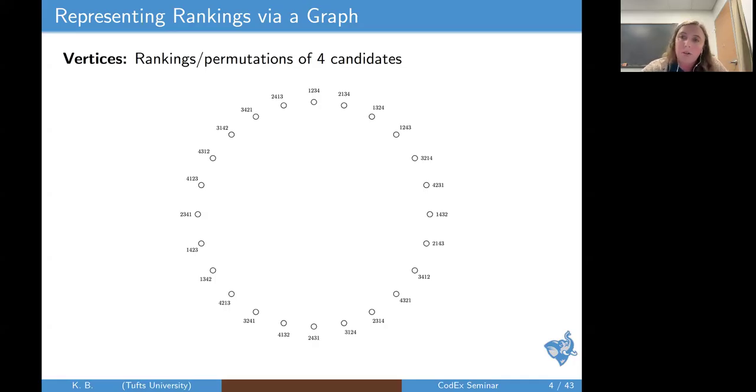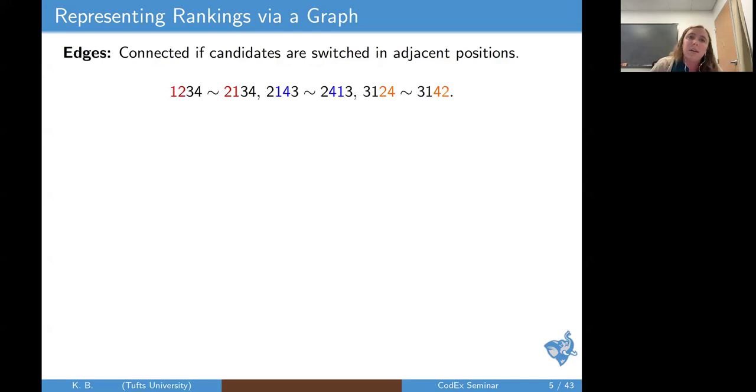And then we want to add edges here that are going to indicate some notion of closeness between different rankings. So we need to make a decision about how we want vertices or rankings to be considered close. And there are some different ways to do this, but one way we are going to think about this is: how about we consider rankings to be close together when candidates are just switched in adjacent positions in the ranking.